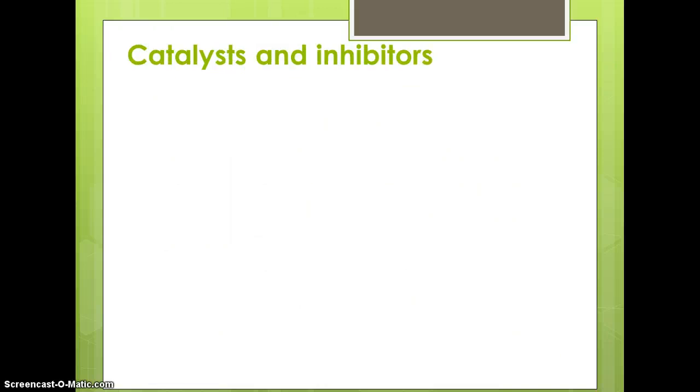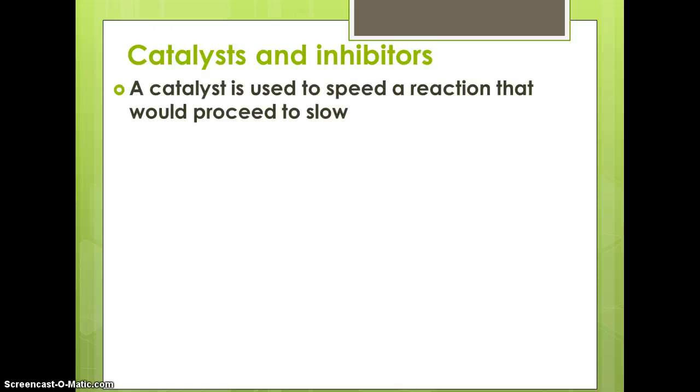Alrighty, our last slide then talks about catalysts and inhibitors. Catalyst is a word that we've seen before. A catalyst is used to speed up a reaction that would proceed slowly. Notice that it just speeds a reaction. It doesn't necessarily make the reaction go, because notice it says it could proceed slowly. All a catalyst does is affect the speed.